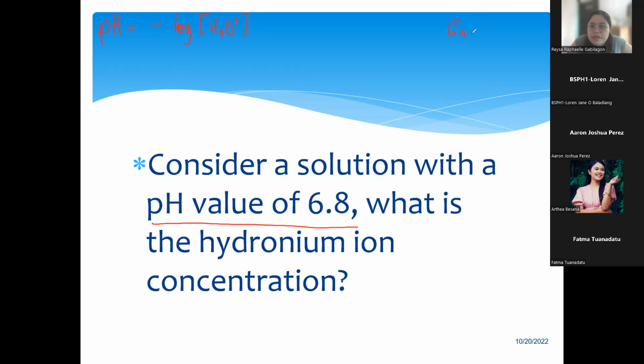So if you're going to list the given, you have a pH of 6.8, and then the hydronium ion concentration is actually missing. So that is what is asked in the problem. So how are we going to do that in the calculator? Let's have the substitution first of the given. So we have here 6.8 for the pH, and then we are going to have here on the other side the negative logarithm of hydronium ion concentration. What are we going to do?